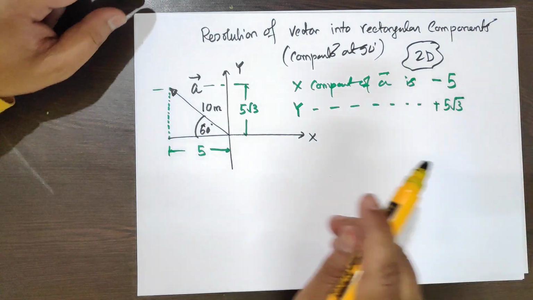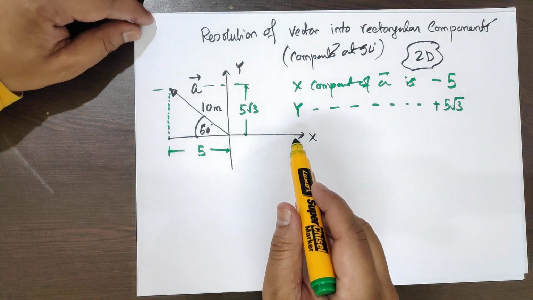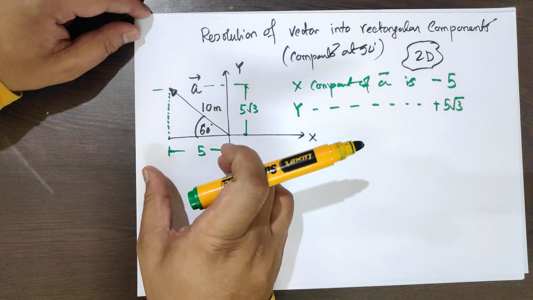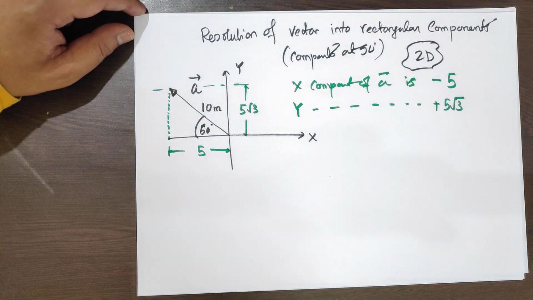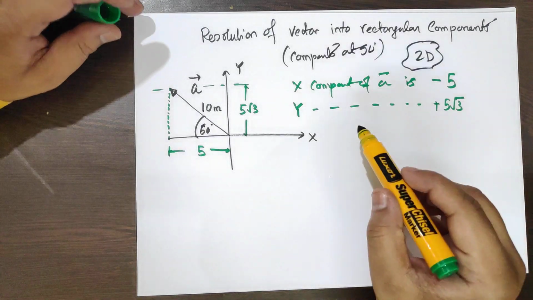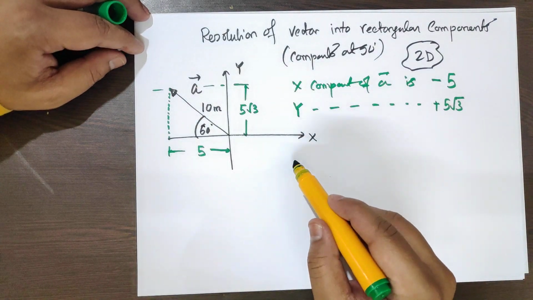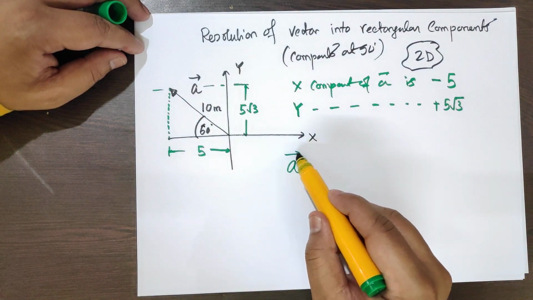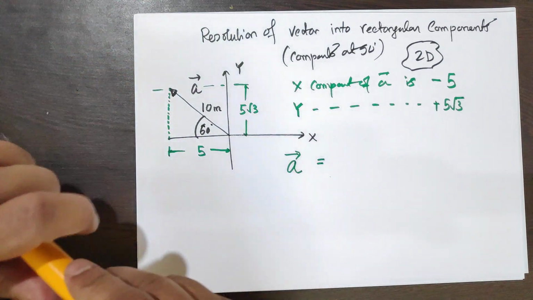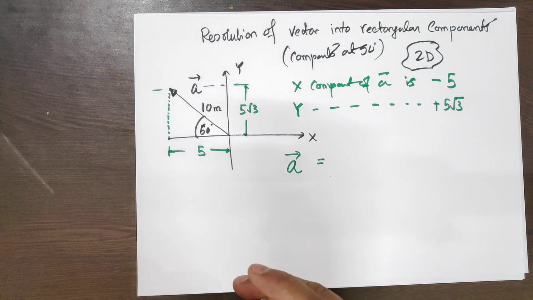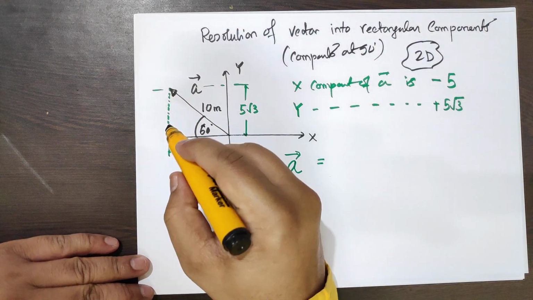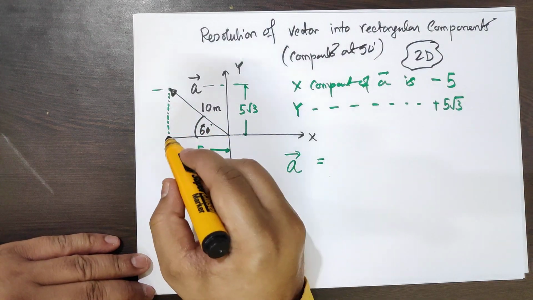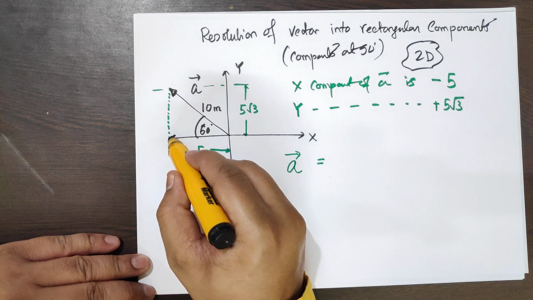Okay, if you have an axis here, if the component lies here, then it's negative. By the way, we have to express it in terms of I cap and j cap. Then you have to write it like this: A is equal to, so it's the sum of which two vectors? A is the sum of, we are resolving into two vectors along x and y.